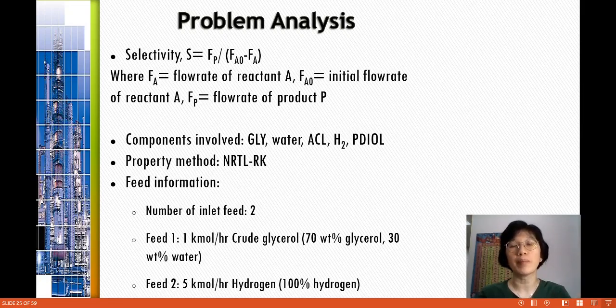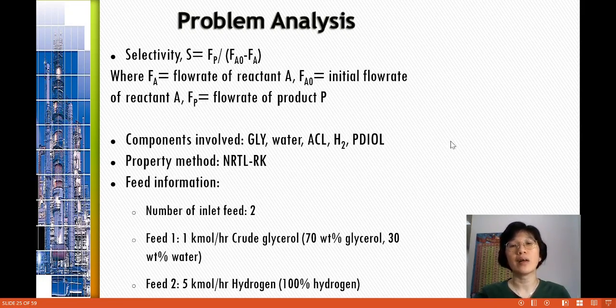That means out of the reactant converted, we would like to know how much is being converted to our desired product. And the components involved are glycerol, water, acetal, hydrogen, and also propanediol, 1,2-propanediol.